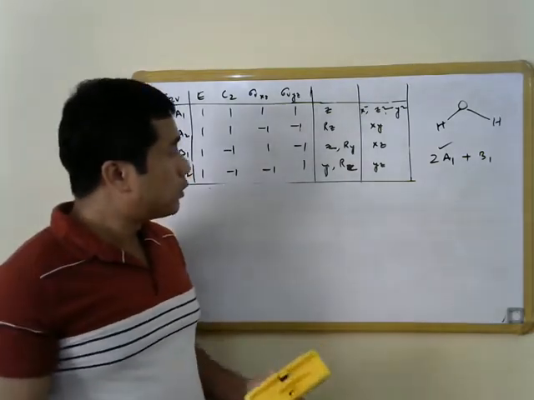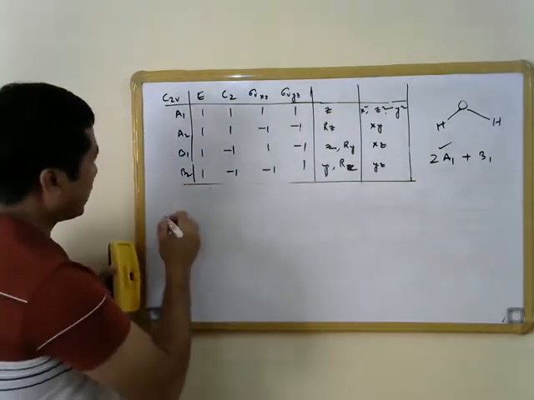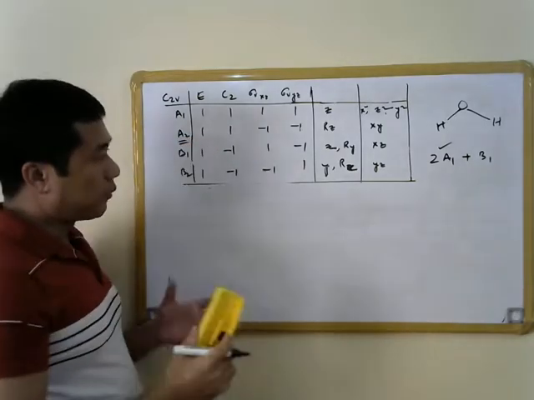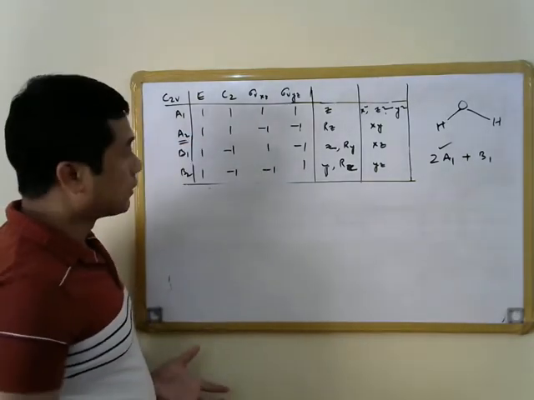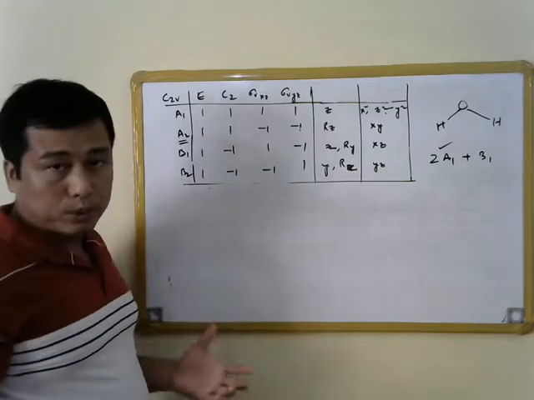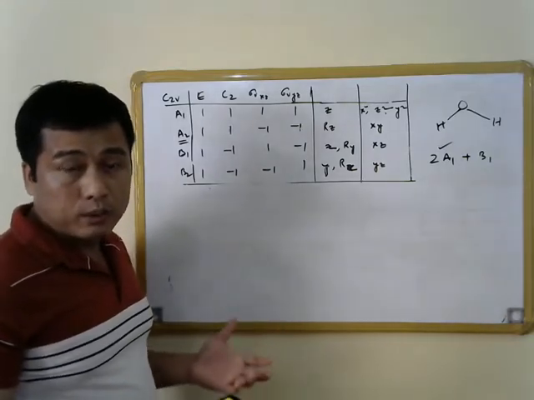Now one more particular aspect that we can see is that if we take, say, a hypothetical molecule for which one of the vibrational modes has A2 symmetry.